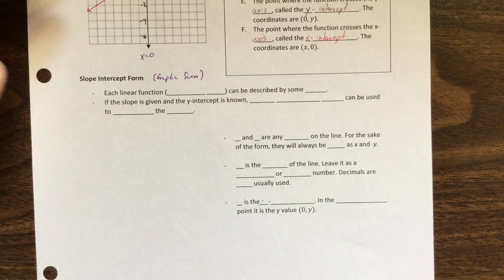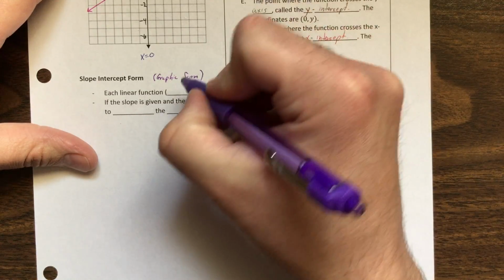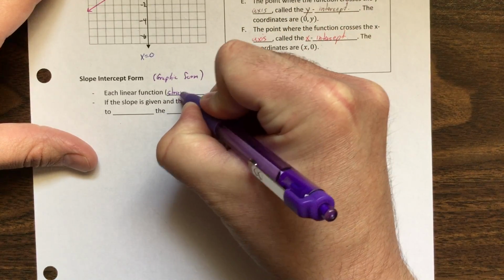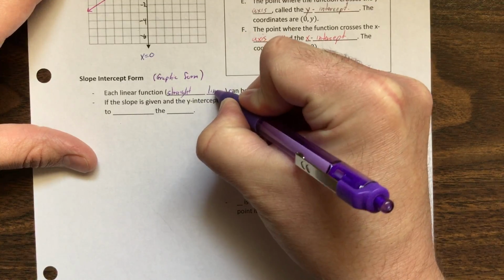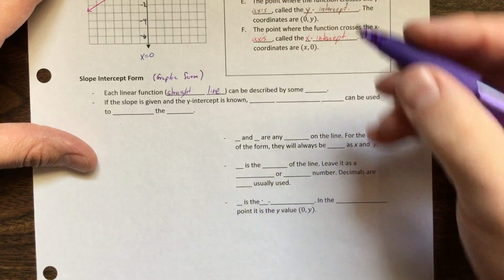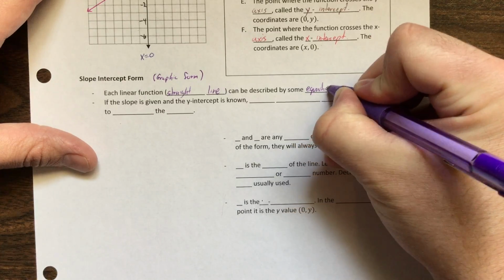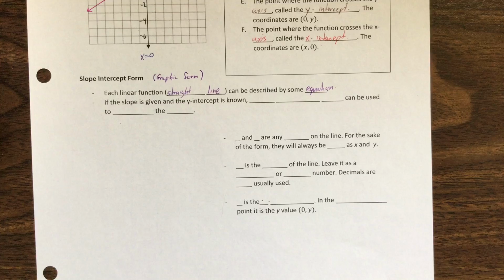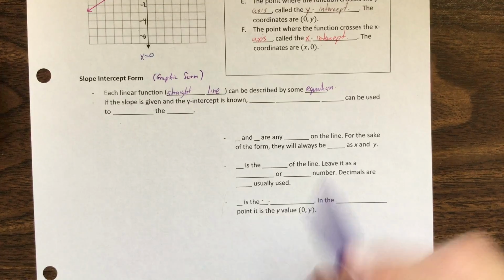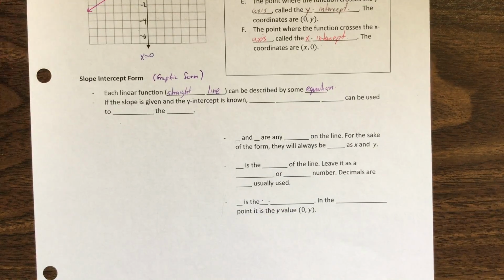Now, important things to remember here. Each linear function or straight line, any straight line that's on a graph, can be described by some equation. It says the original is form, so that's why it's a little bit smaller, but it should be equation. It's described by some equation.